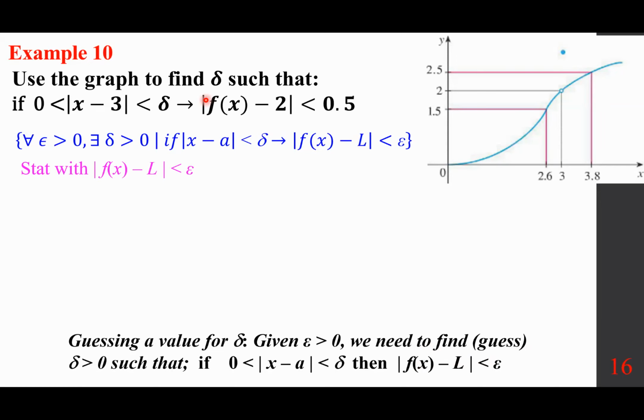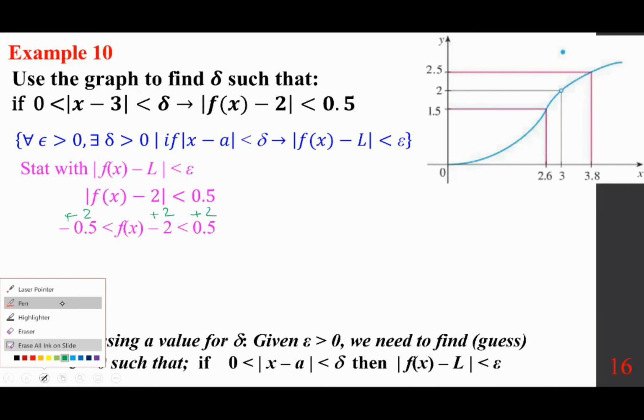So we always start with this one. This is what's given: absolute value of f of x minus 2 less than 0.5. And then I went over the concept of an absolute value. This means you can drop the absolute value and put it between negative and positive 0.5. Now we're going to add 2 to all sides.